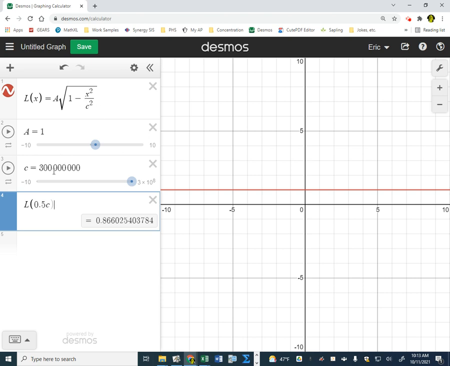So if c is 300 million, and I evaluate this at 0.5c, what's that telling me? What percentage of the original length is the spaceship going to be? Yeah, roughly 86.7, or 86.6. So there's the percentage. So it shrunk a little bit.